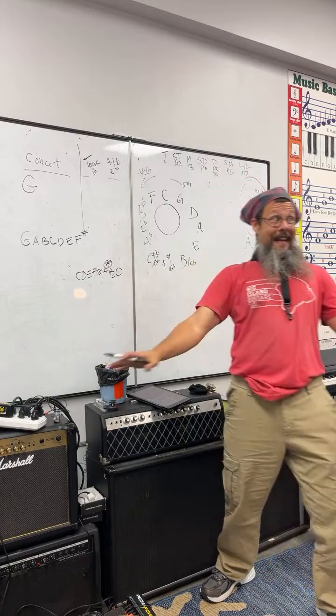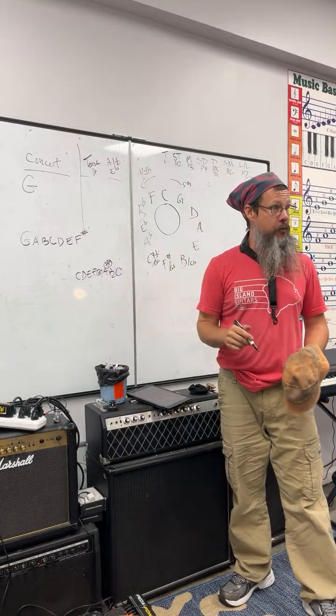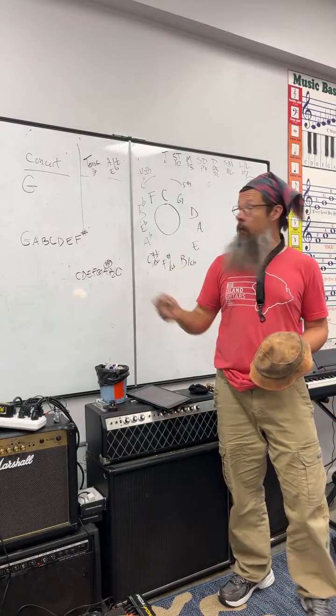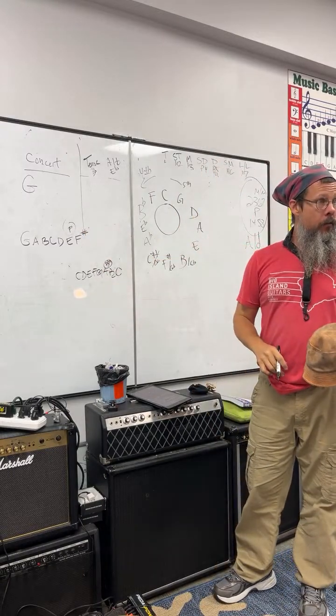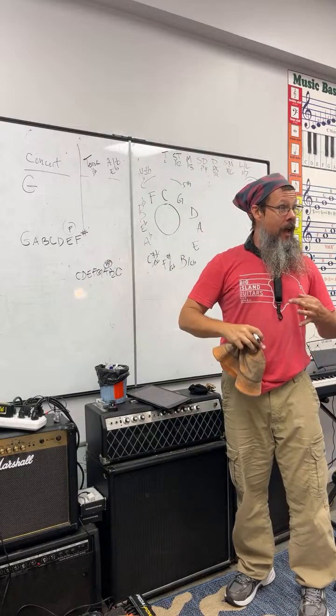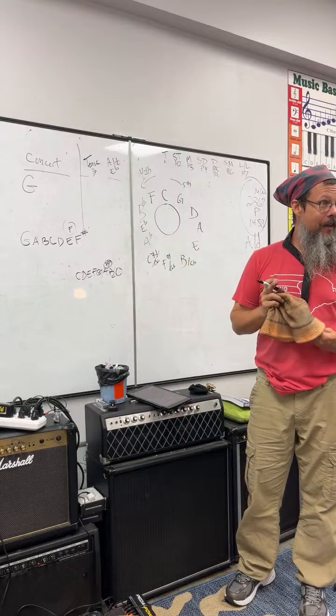So any key you're in, you take the root or the tonic and go down a major second. Yeah? Okay. So in the key of G, you would go to F. So if you know how to play an F, G, A, B flat, C, D, E, F, you're in the key of G. Okay. Cool?